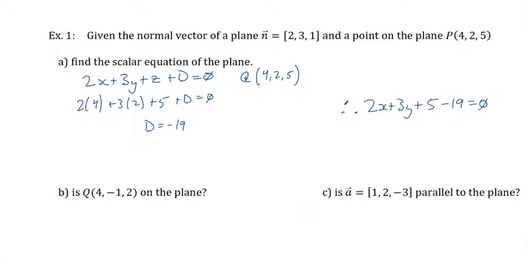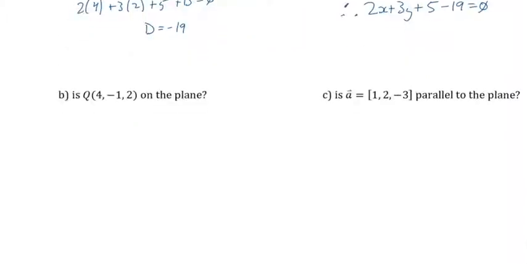Is Q on the plane? How are we going to do that? Seema again: left side equals right side. So it's useful to have the scalar form for this. We're going to check for Q (4, -1, 2). Left side is 2 times 4, 3 times -1, plus z, which is 2.